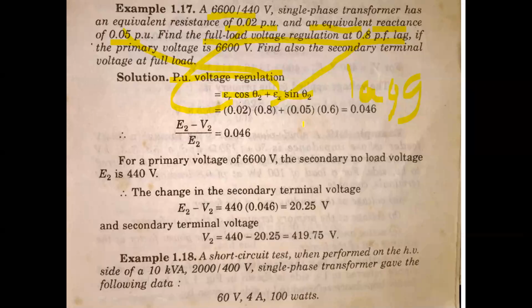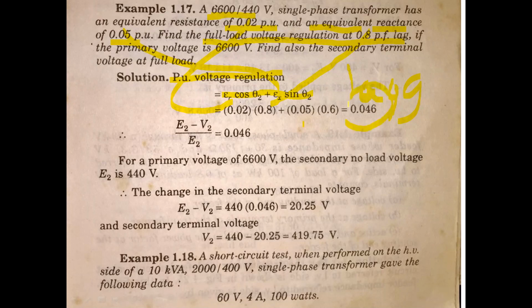If cos theta equals 0.8, then sin theta equals 0.6. Therefore, the voltage regulation equals 0.046 per unit.